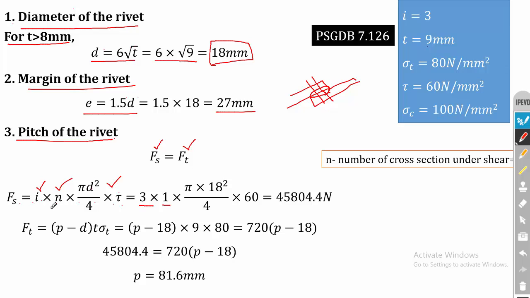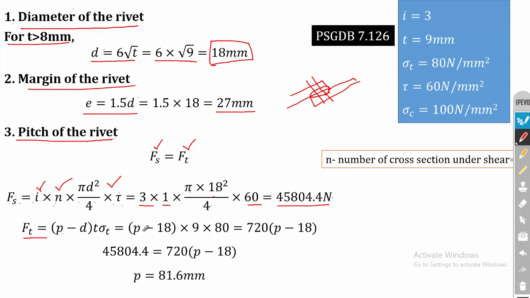Okay, so this N is only for one rivet. So it is 1, then pi into 18, that is the diameter of the rivet, divided by 4 into 60, that is 45,804.4 Newton. Then Ft is equal to P minus D T into sigma T.